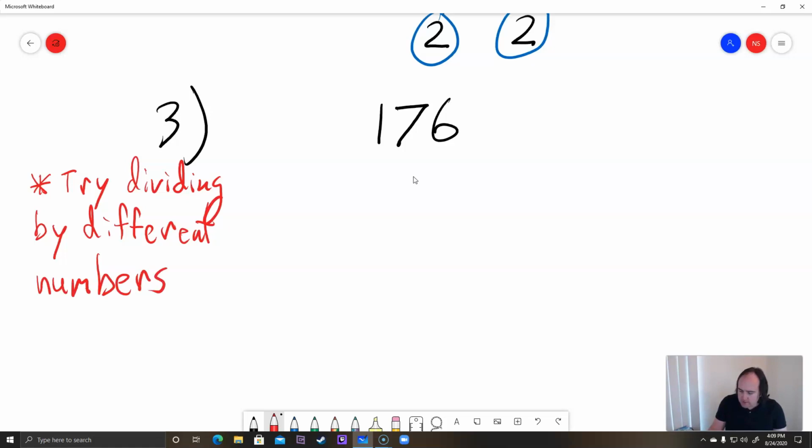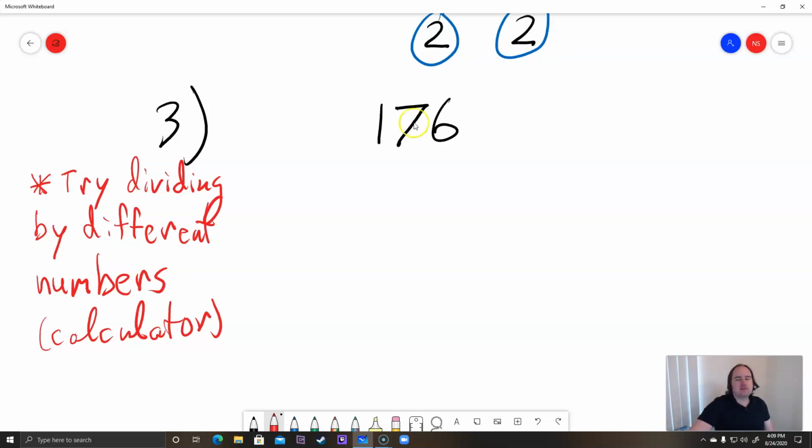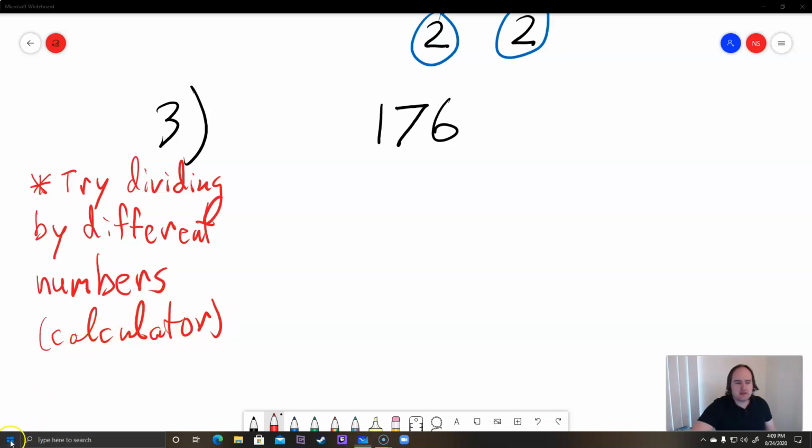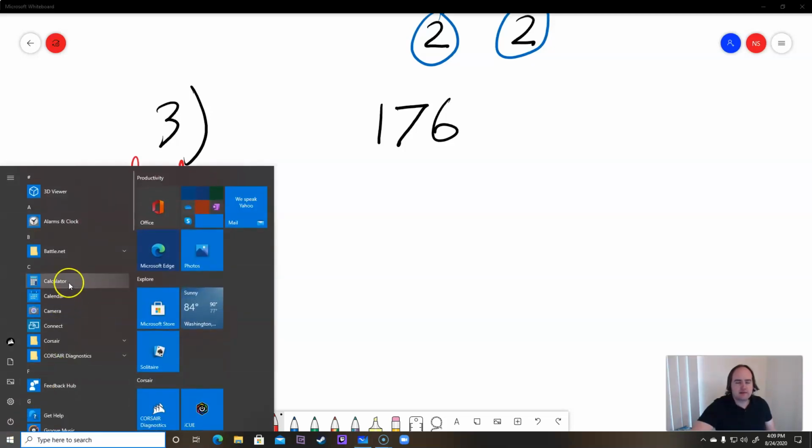Okay, and if you want to, you can use a calculator, because that can speed up the whole process. Otherwise, it can take a while to divide stuff. But if it's an even number like this, remember an even number, the last digit is either 0, 2, 4, 6, or 8. If it's an even number, you can immediately try dividing by 2. And if you don't want to write it out, just use a calculator. You can even just use the calculator on your computer. That's what I'm going to do.